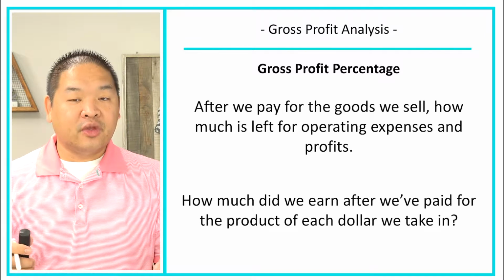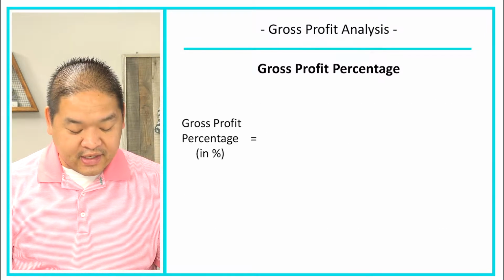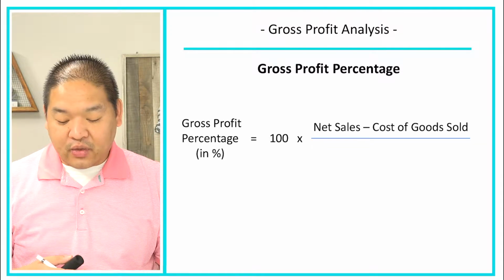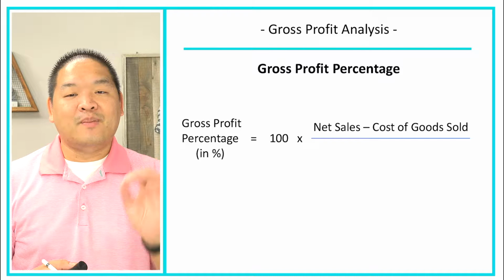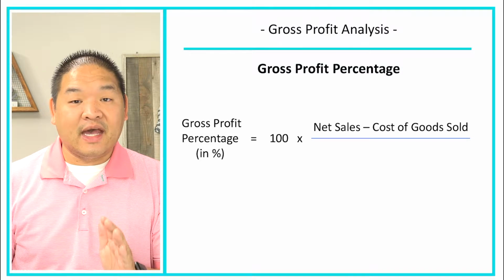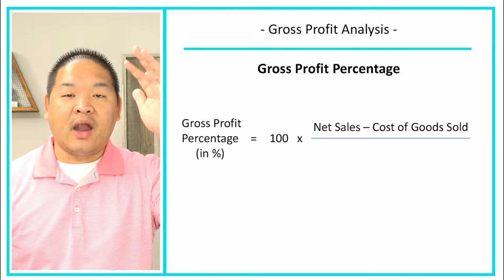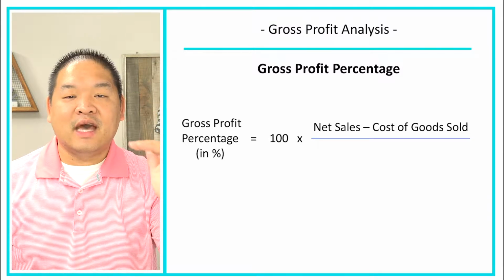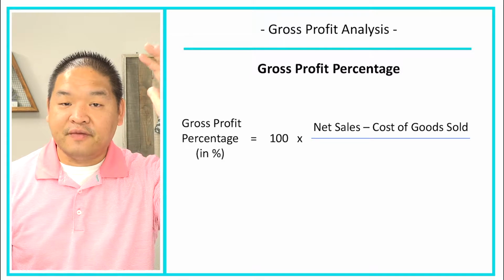So the equation for the gross profit percentage looks something like this. We're going to take 100 times, and then here's the meat of the equation, net sales minus cost of goods sold. So net sales, if you remember, we did an example where we got all the way from 250,000 down to net sales. That net sales is what we're going to throw in there. We're not going to put the 250, the gross sales.